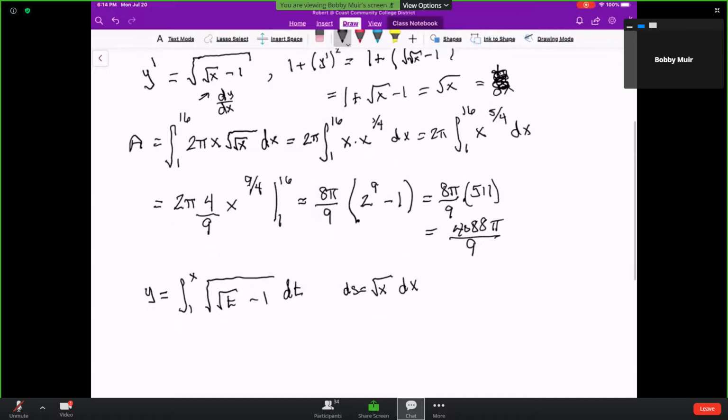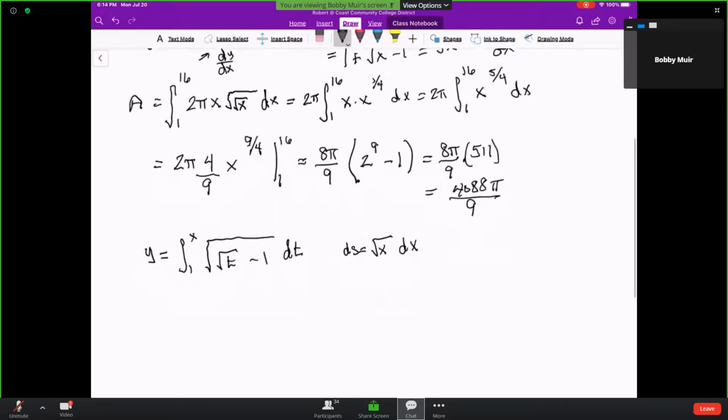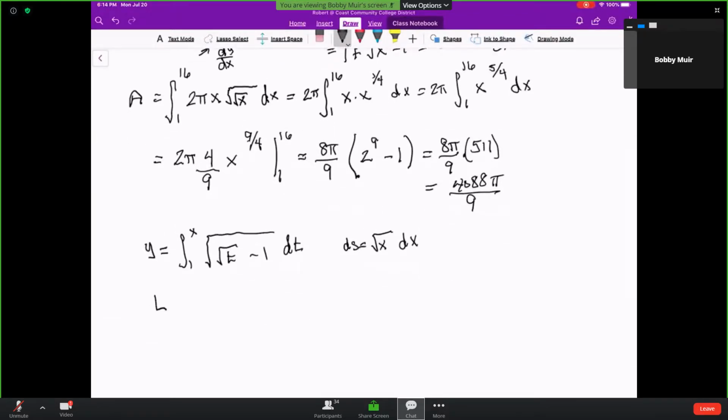Okay, and then the ds piece is this part. So now the length of the curve would be the integral from 1 to 16 of the square root of 1 plus (dy/dx) squared dx, which is the integral from 1 to 16 of the square root of x dx.